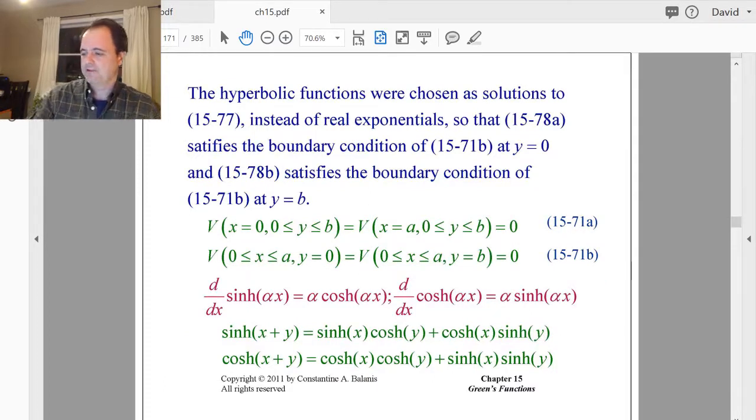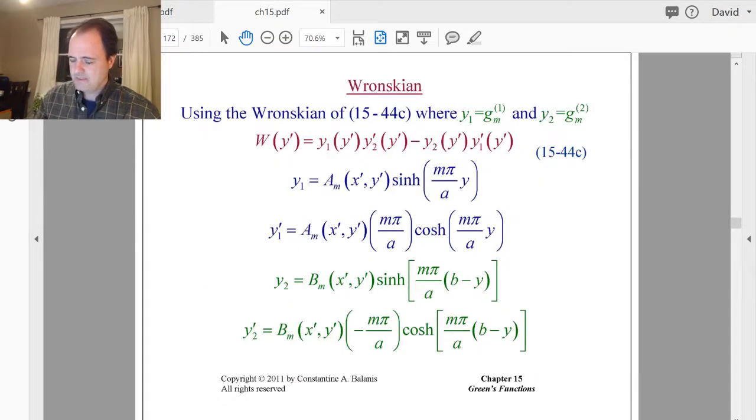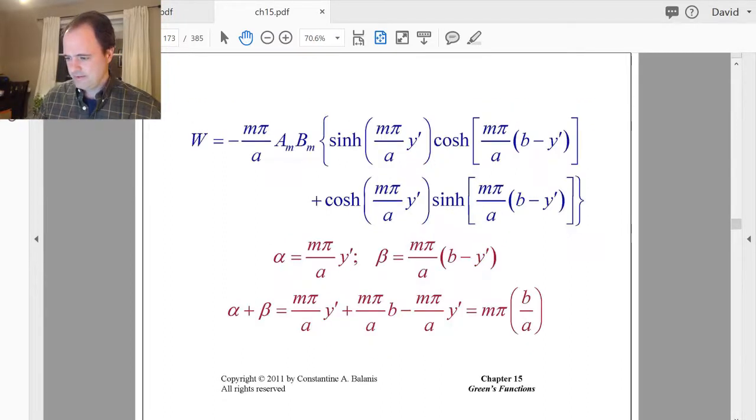And the hyperbolic functions were chosen as solutions instead of the real exponentials because they satisfy the boundary conditions. We already said that. So now we have to find the Wronskian of these two solutions at y equal to y prime. That's easy to do. And so we do that.